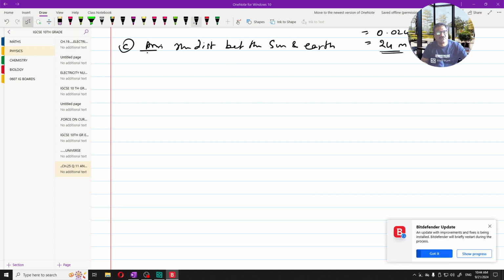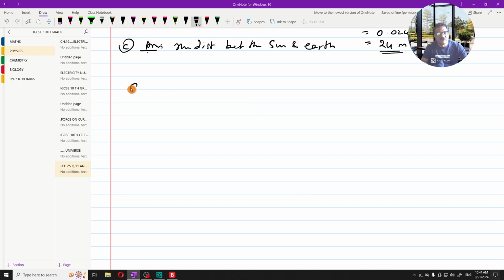So here we go. D is, you have to find the distance between the moon and the earth this time. Okay. This time you have to find the distance between moon and the earth. Okay. This distance according to the scale, right?